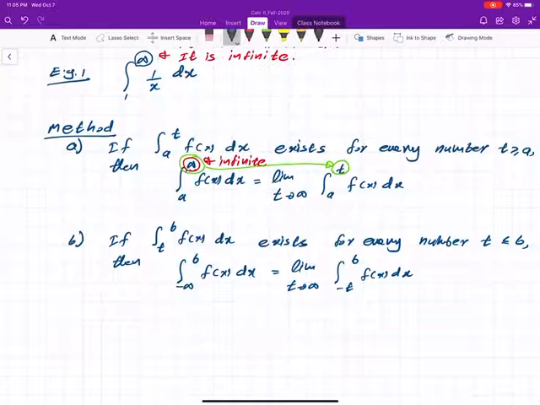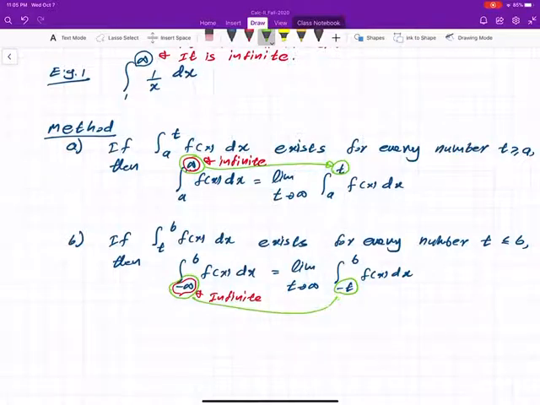All right, so here we use a similar type of trick. Here you have to integrate from negative infinity to b, so this is infinite. What you do is introduce minus t, rather than integrating with negative infinity, and then we say t goes to infinity like before. So technically this entire part is the same as that.